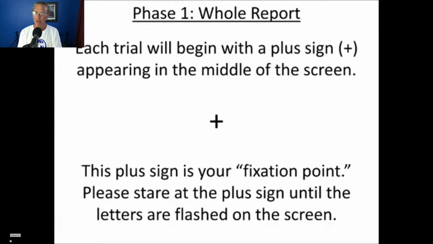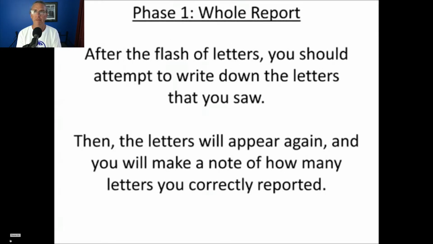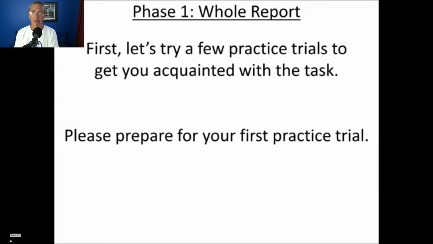Each trial begins with a plus sign. So you look at the plus sign, and as you're looking at it, there will be this 3x3 flash of letters. They're going to flash, and there'll be a pause. That's when you write down how many. Yeah, and here we go.